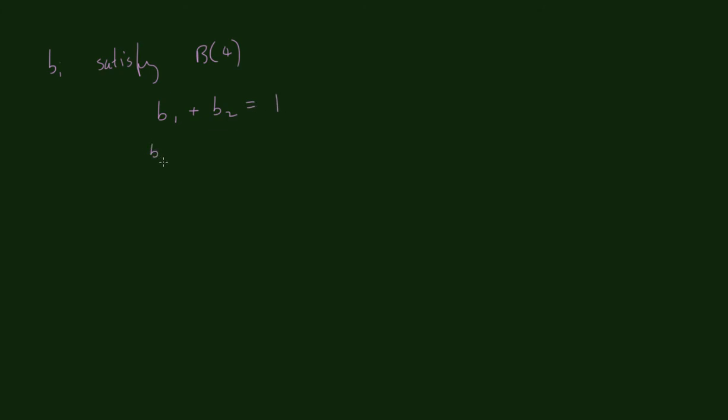B1 is going to be multiplied by C1, but remember C1 is 0, so I can just take that out and ignore it, and we'll have B2 times C2. We already know C2 is 2/3.